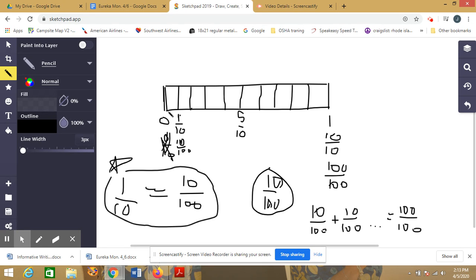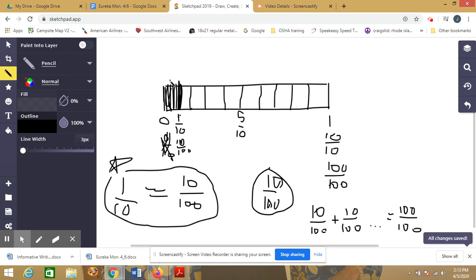We would split each one of these tenth boxes into 10. I can't draw them that small and close, but 10 little lines. And each of those little lines would be a hundredth. And to get to 1 tenth of where we were before, which was this, I'll draw this line a little thicker. To get to that 1 tenth line, it would take 10 of those little hundredths.